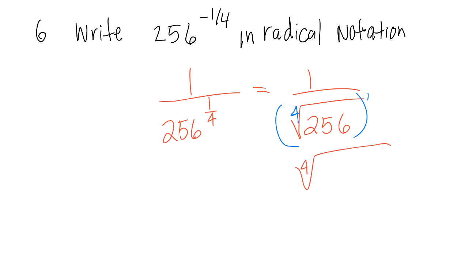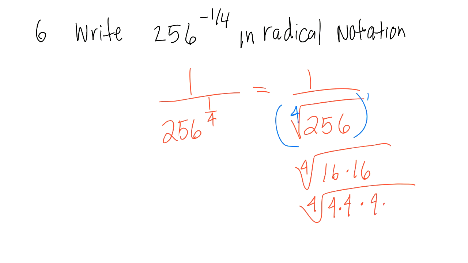You can come up with 2 numbers that multiply. I think 16 times 16. And then I need 4 of something, so I want to keep on breaking it down. 16 is 4 times 4, and this 16 is 4 times 4.